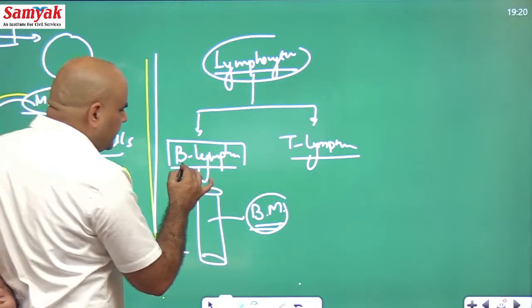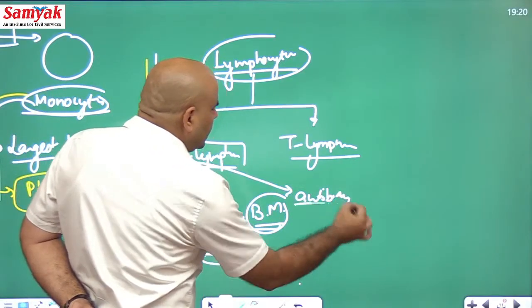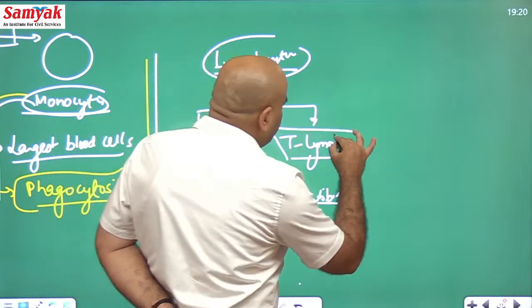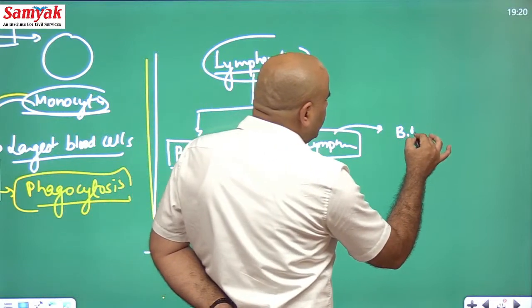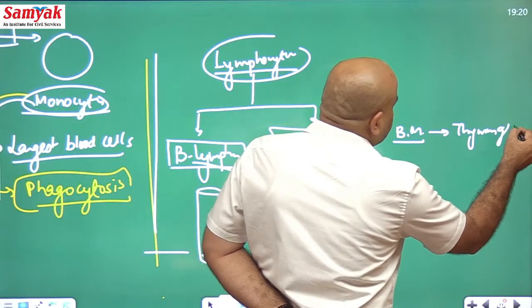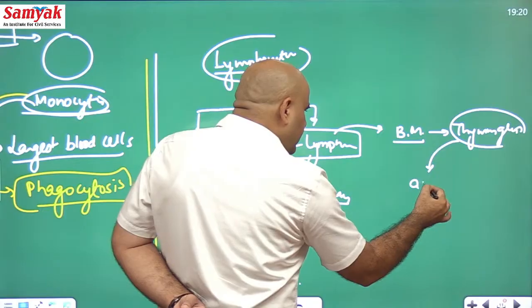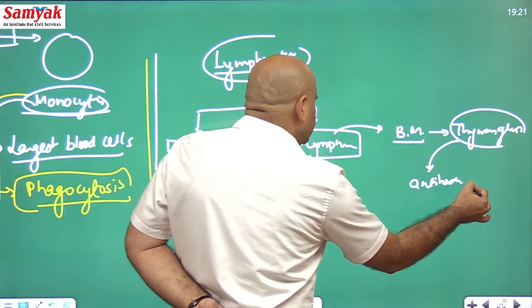And later on, they play the role of antibodies. They behave like antibodies. Why the T lymphocytes, they are produced by bone marrow, but later on they will enter into thymus gland. Yesterday also I discussed about it. And then after they will mature in the form of antibodies.